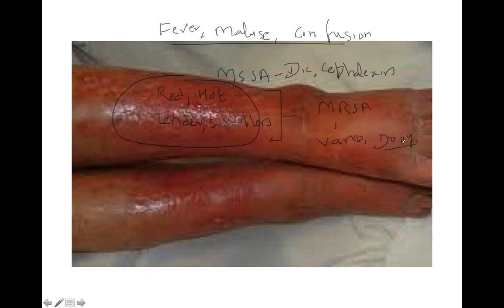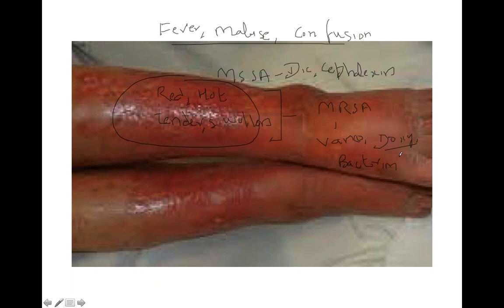Doxycycline is effective against community-acquired methicillin-resistant Staph aureus. Bactrim, that is trimethoprim sulfamethoxazole, is also effective against methicillin-resistant Staph aureus. So these are the antibiotics which are effective against MRSA.